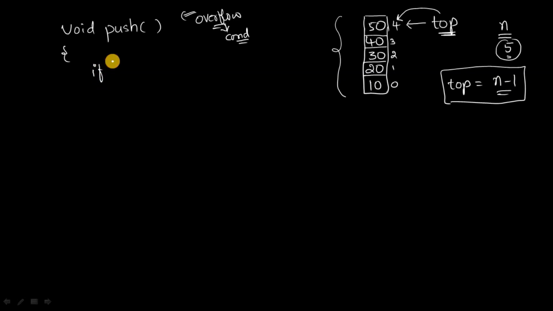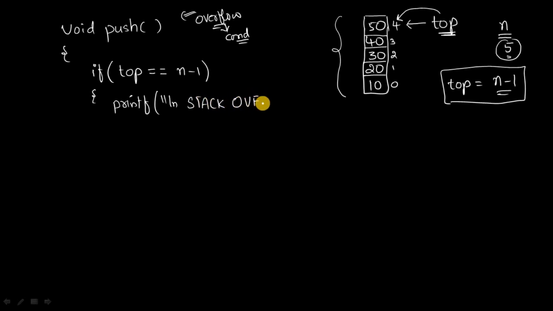Right here, if top is equal to, double equal to, because it is a comparison, n minus 1, then I can say my stack is full. So printf in a new line, stack is full, or I can write stack overflow also.